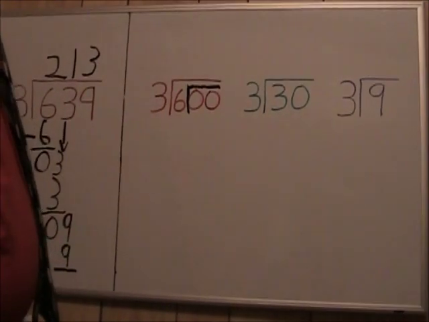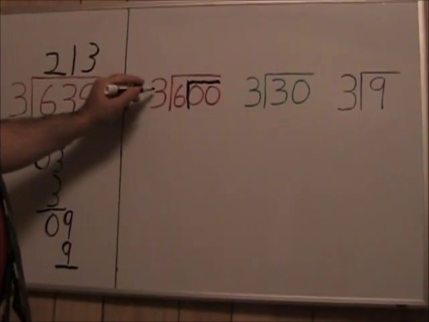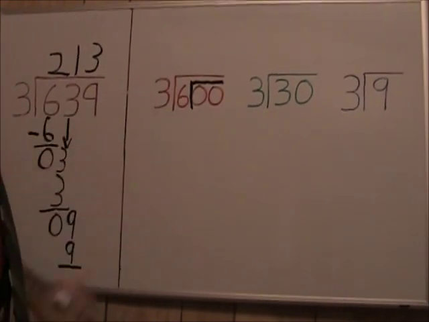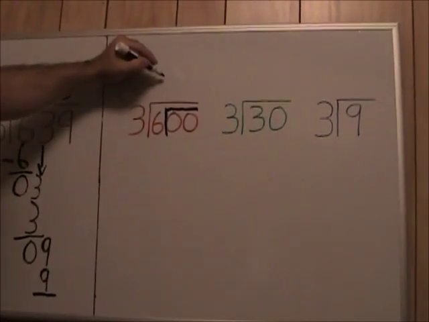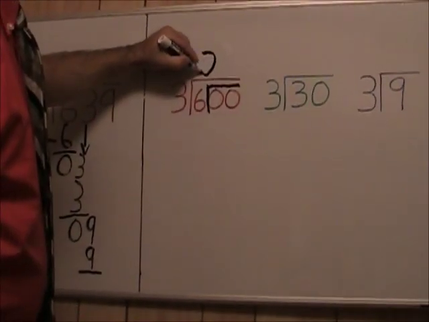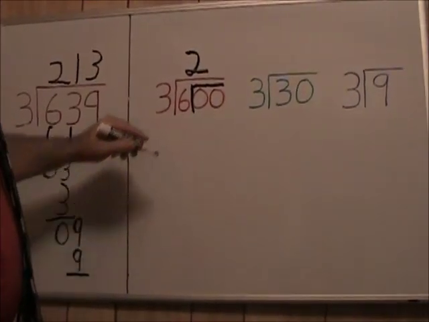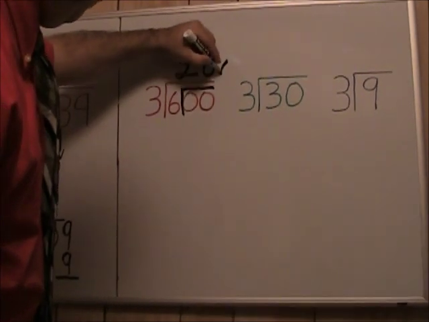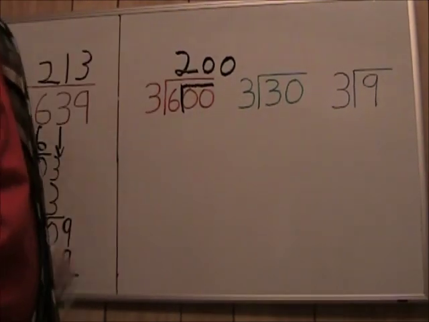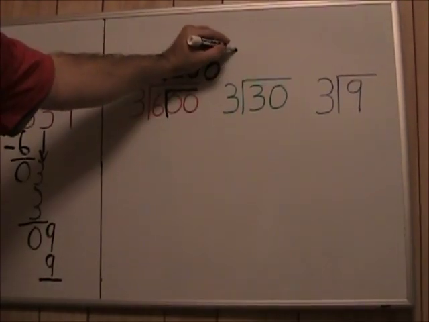Okay, box in those zeros, and now what we're going to do is ask ourselves how many 3's in 6. And there again is 2. 2 times 3 equals 6. So we'll put a 2 up here. And then we just put our zeros back that we boxed in. There's 200.